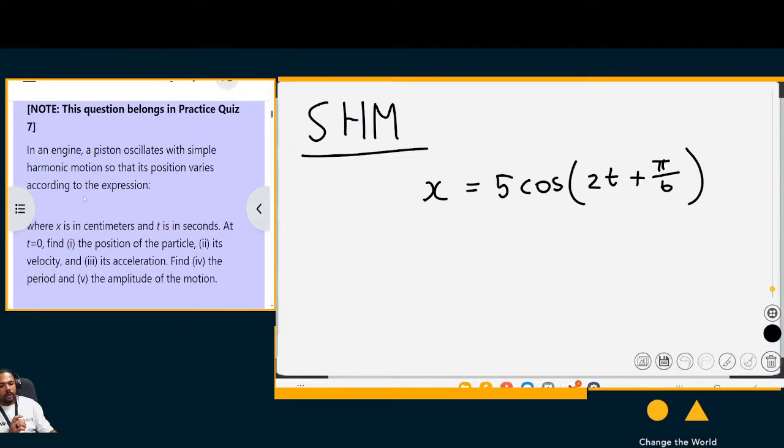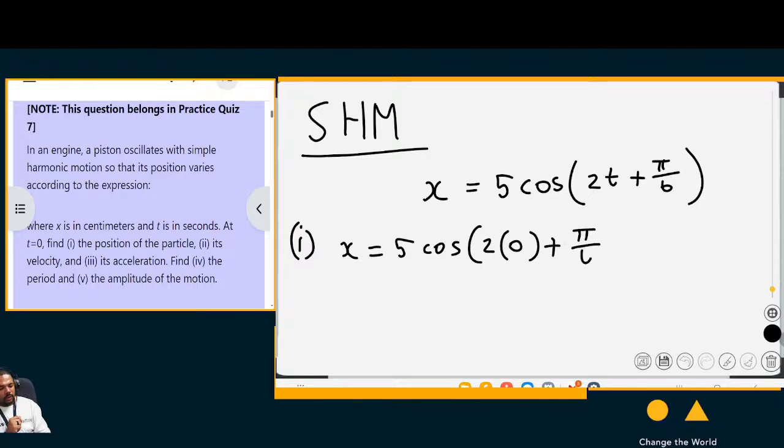So all you do is plug in x is equal to 5 cosine(2 times naught plus pi over 6), and then you will find where it is.